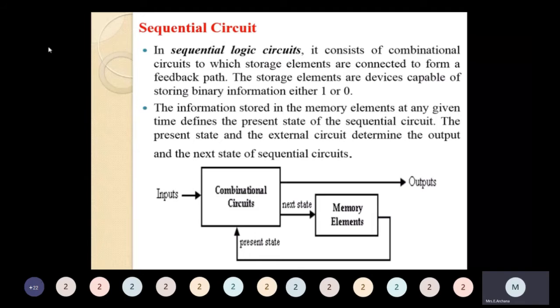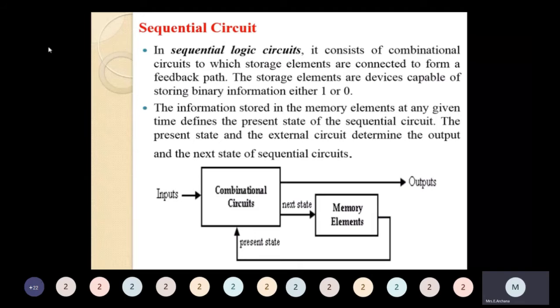So, a sequential logic circuit consists of storage elements connected to the circuit in the form of a feedback path. The storage element is capable of storing the information either in the form of ones or zeros, because in digital we are dealing only with binary information.